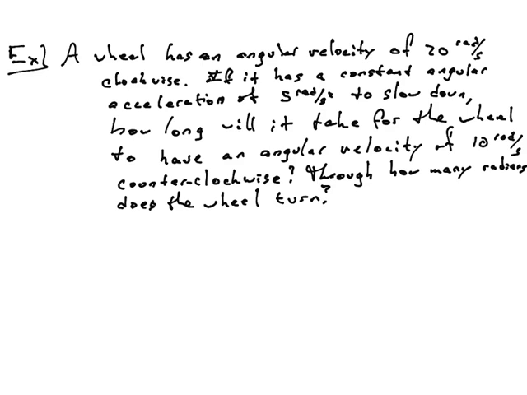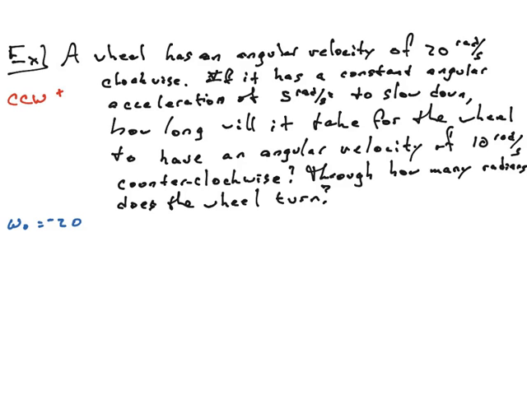Let me go ahead and say counterclockwise is positive. In fact, let me write it in red. Counterclockwise is positive. Okay? So that means clockwise stuff will be negative. All right, so initial angular velocity, omega naught, is 20 clockwise, so it's negative 20.